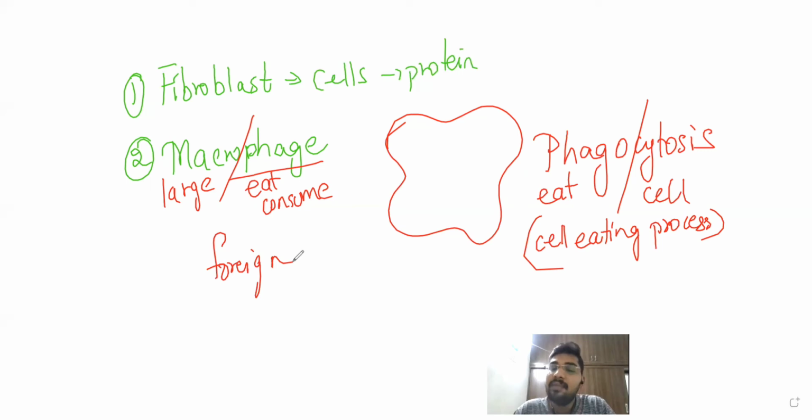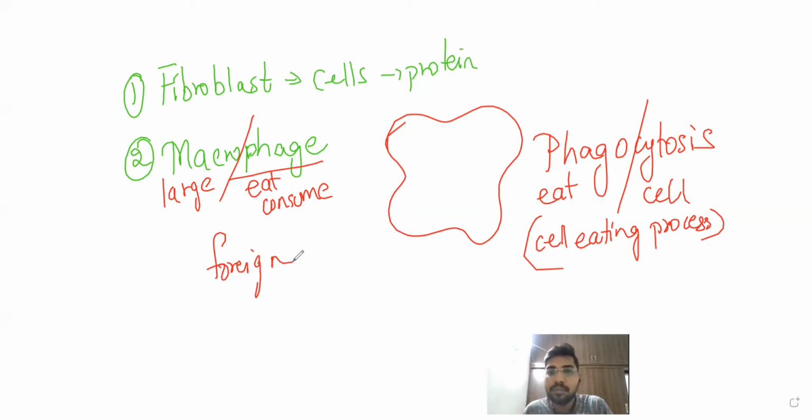Or else what will happen? I will suffer from various types of diseases. Bacteria, virus, cold, or any fever will come. All these things will come. So what happens? These macrophages roam around the body. They are scattered in the body. They scrutinize and check whether any foreign particle has entered my body. And if they come in contact with any foreign substances, they just engulf them and consume them.